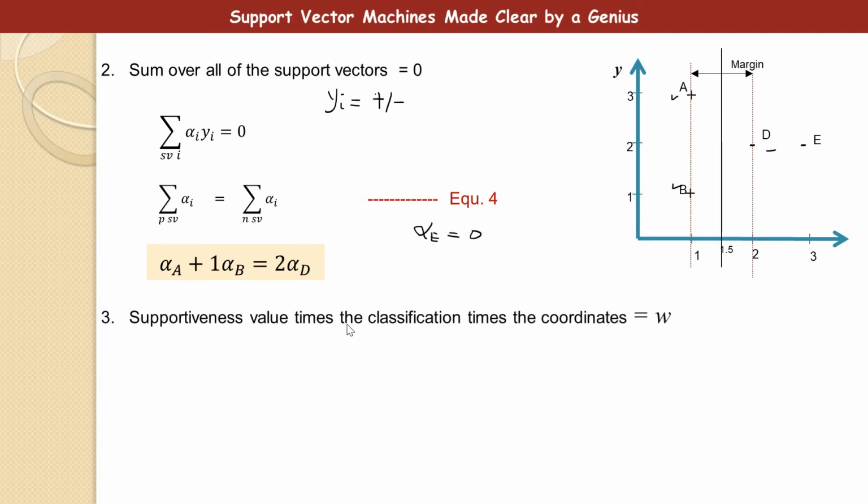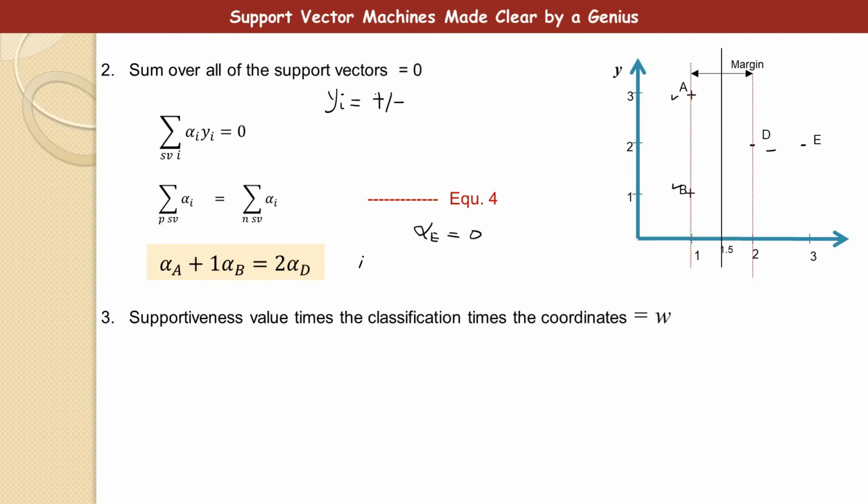Supportiveness value times the classification times the coordinate equals W. Meanwhile, let me just help you understand how we got this equation, because we actually will need 3 different equations to be able to get alpha A, alpha B, and alpha D, because there are 3 unknowns, meaning that we need 3 equations.